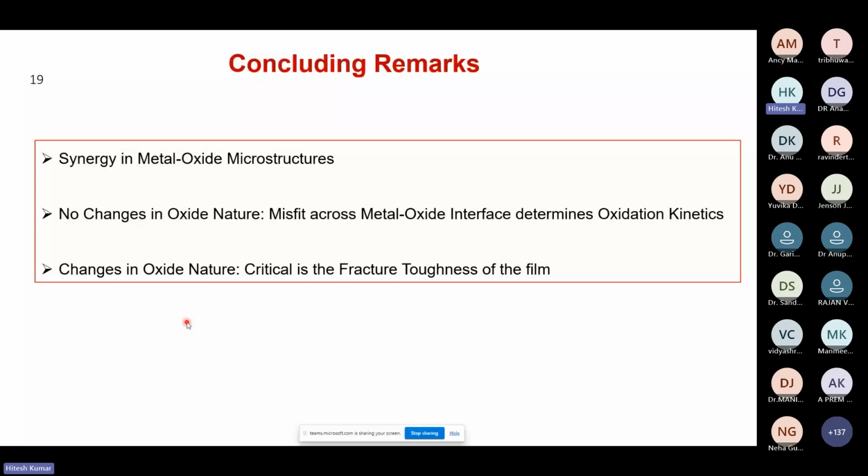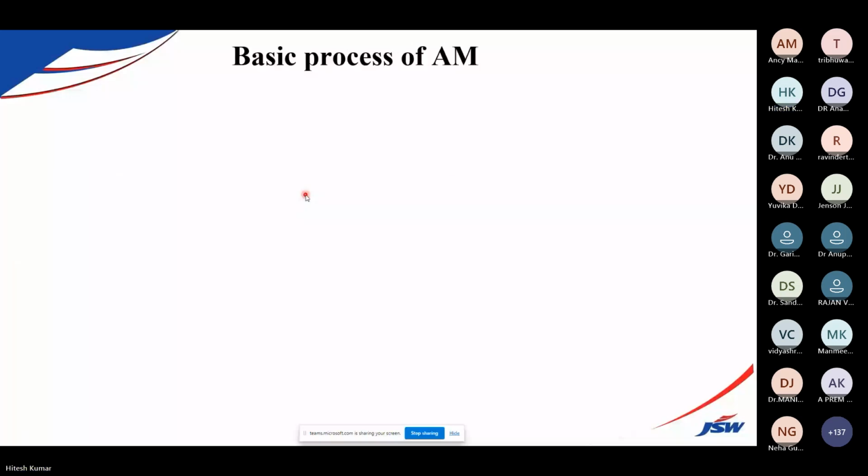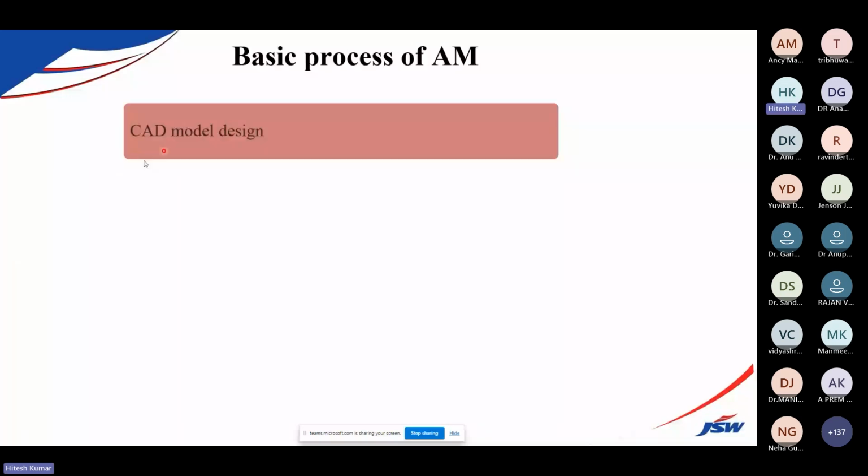From there, I moved toward the next part, which is on additive manufacturing. As we have less time, I'll try to conclude as early as possible. So what is additive manufacturing? The basic purpose of additive manufacturing is first to design. Definitely, we can get data for additive manufacturing from different aspects.